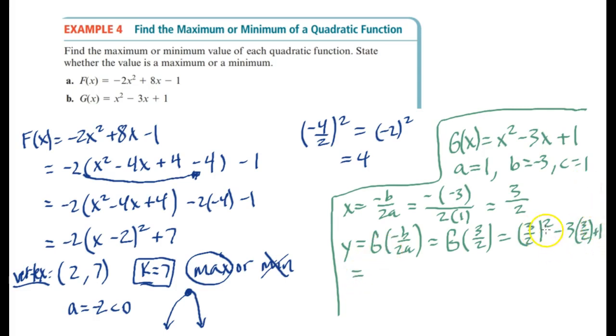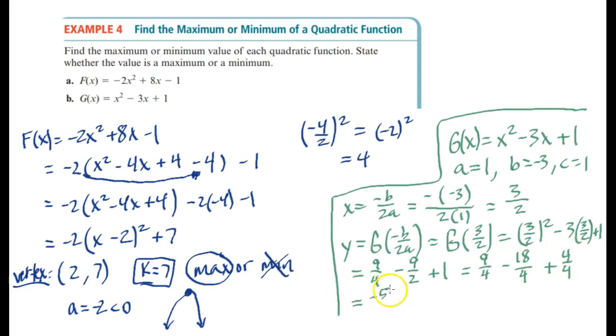That's equal to 3/2 squared, which is 9/4, minus 3 times 3 over 2, which is minus 9/2, plus 1. Let's get a common denominator. That would be 9/4 minus 18/4 plus 4/4. And that would give us 9 minus 18 is negative 9, plus 4 is negative 5.